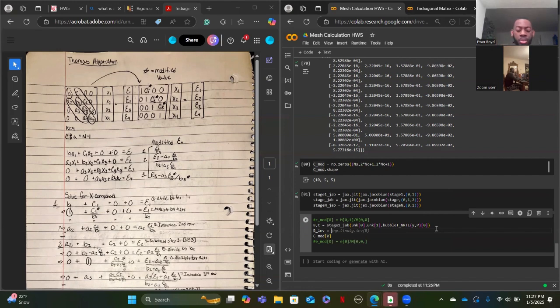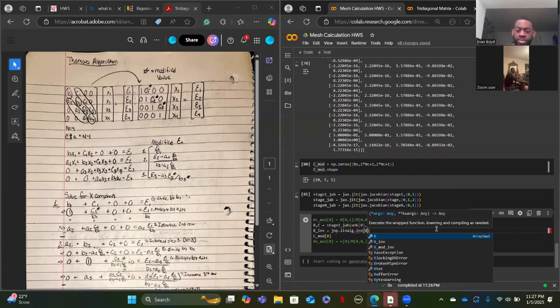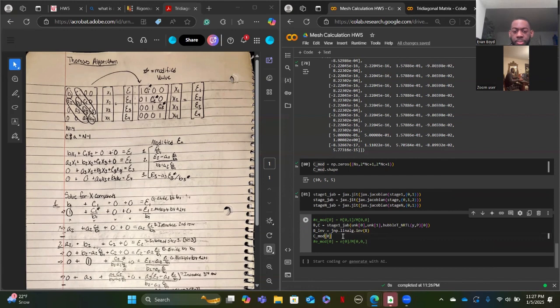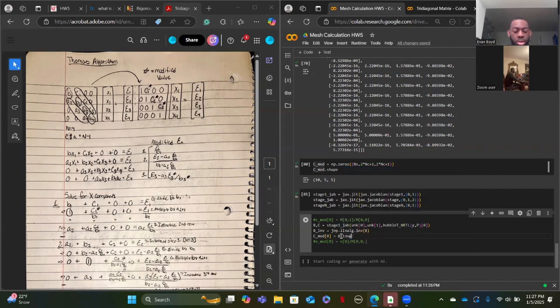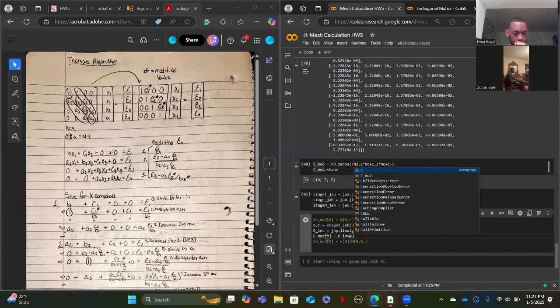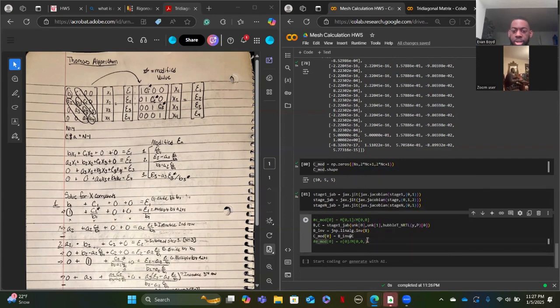So we do a JMP linear algebra inverse of our B matrix. And then from this, we can now use our B inverse matrix to find our modified C. So this would be B inverse times matrix multiplication of C. Okay, so now this is our new C mod, at the first column, of course.